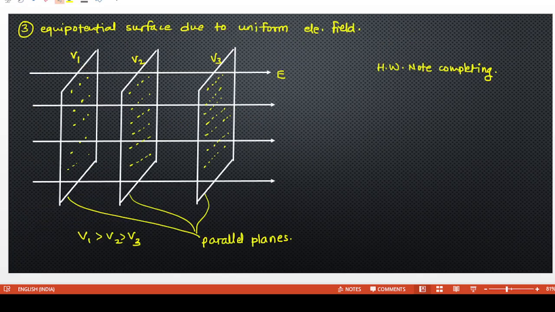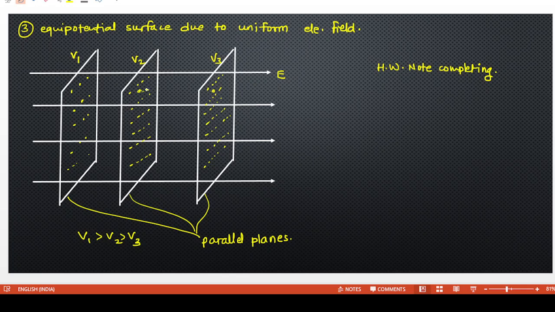For example, observe this. If these are the two surfaces and this is a uniform electric field, then because you know that at all points the electric field is going to be the same, there is no need to find dV by dx. You can directly find the total potential difference between these two surfaces. What is the total potential difference between these two surfaces? V3 minus V2 upon the distance.